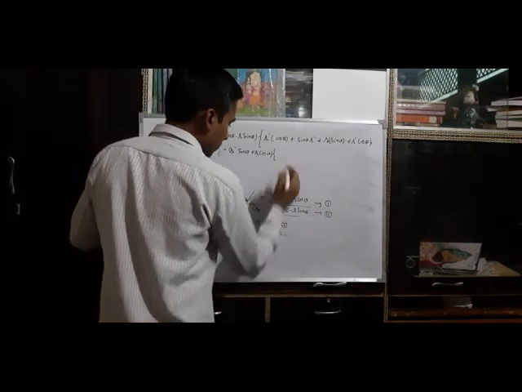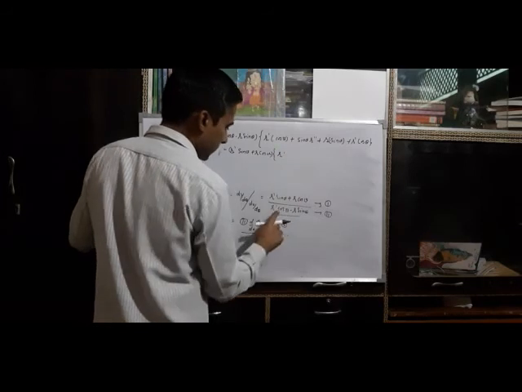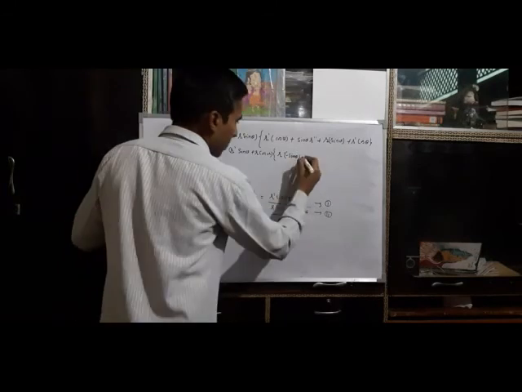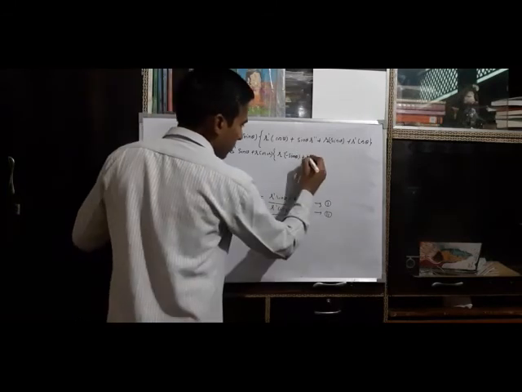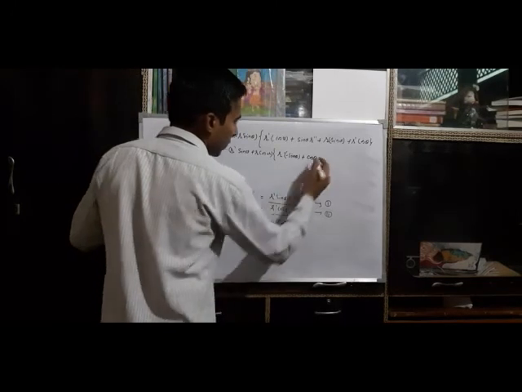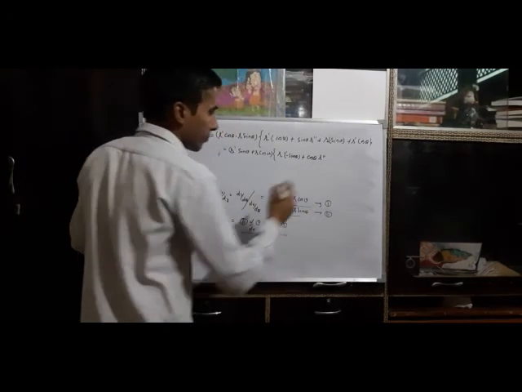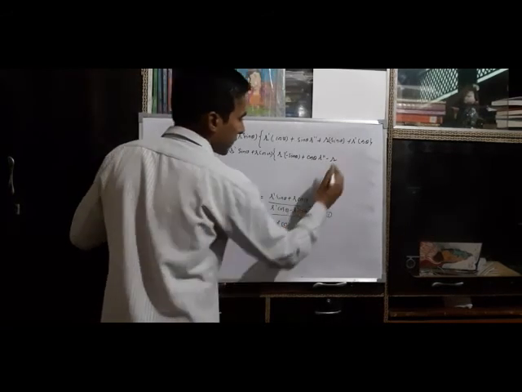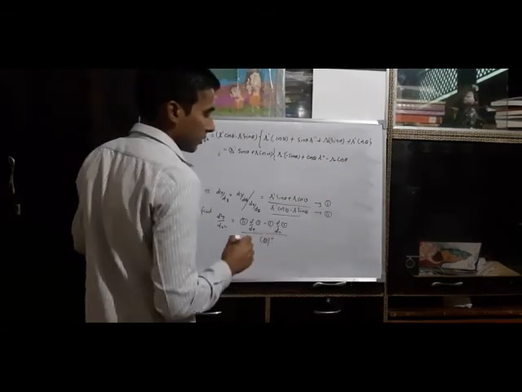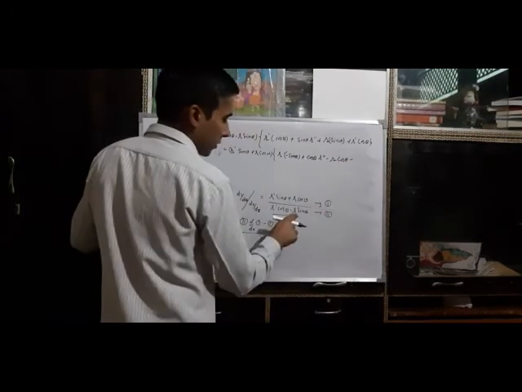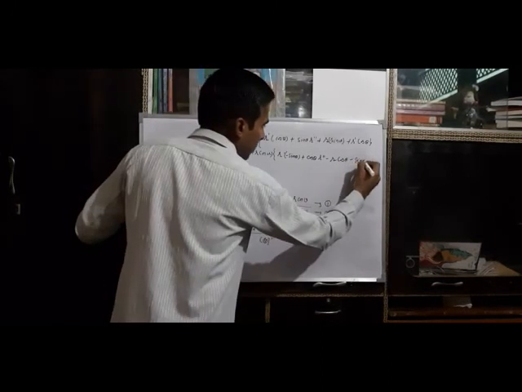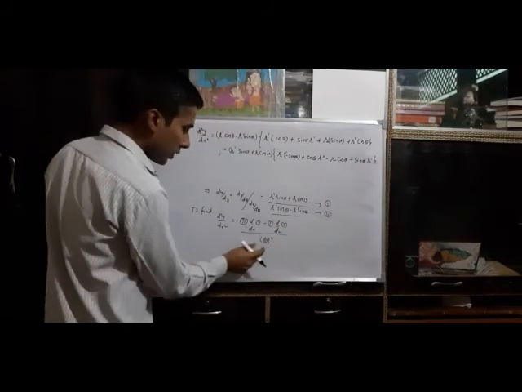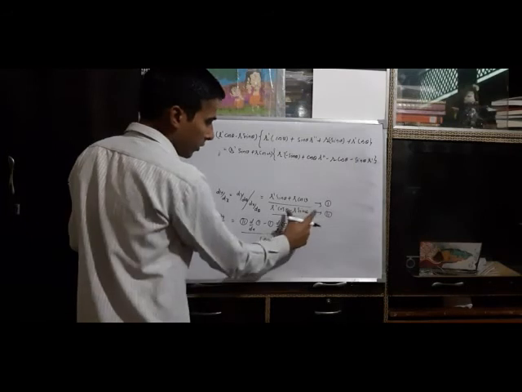So take here the first function as it is, derivative of cos theta is minus sin theta, plus second function cos theta as it is, and derivative of r prime is r double prime, minus here also first function as it is, derivative of sin theta is cos theta, and minus sin theta as it is, and the derivative of r is r prime, and the denominator is the square of second function.